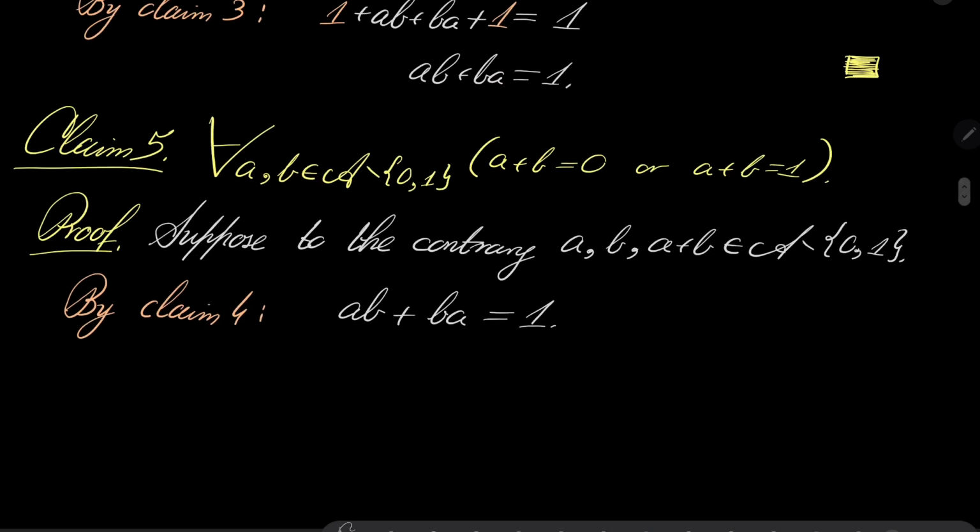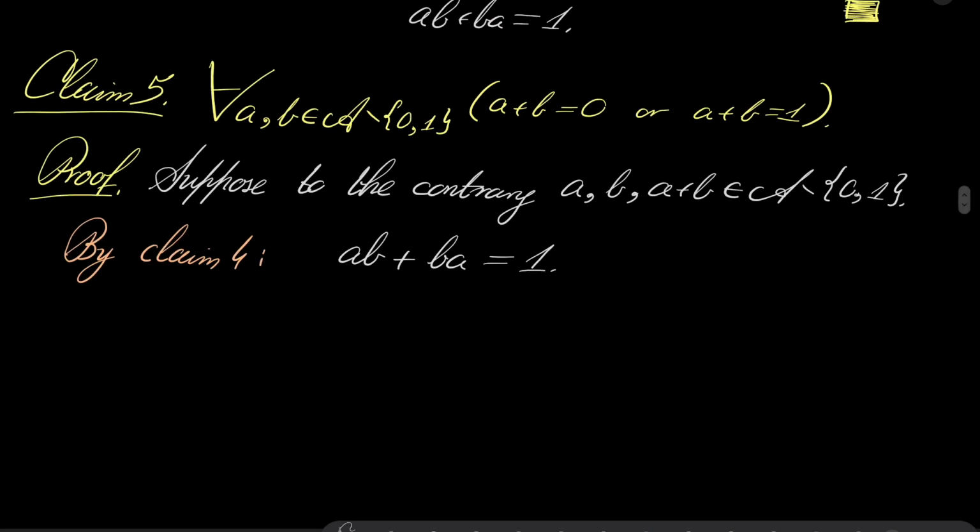But now, let's take this equality. Since this is the case, we can see that AB equals 1 plus BA. I'm adding BA to both sides. And now, again, BA is the same as minus BA, so I can write it like that.